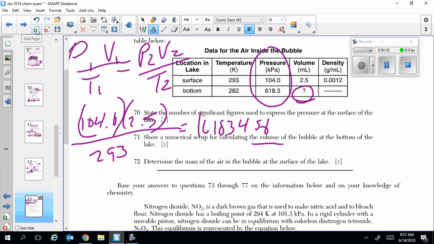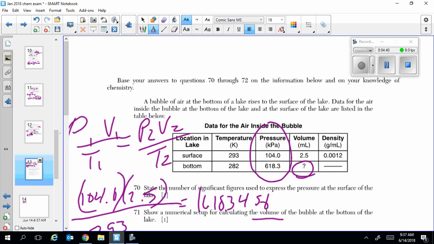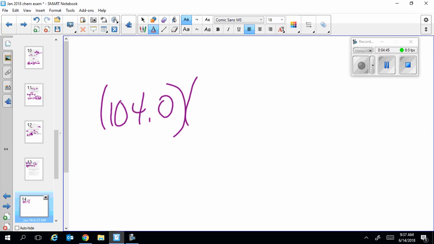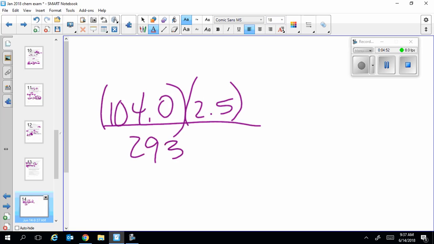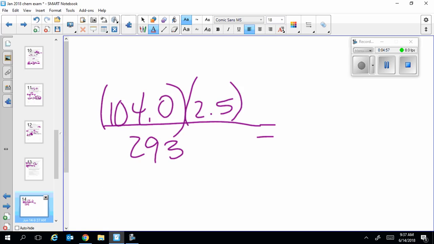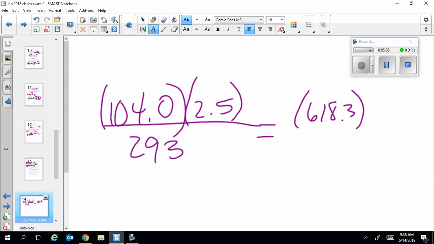I'm going to have to do this on a separate page because I really just can't fit it. 104.0 times 2.5 over 293 is equal to 618.3 times V2 over 282.